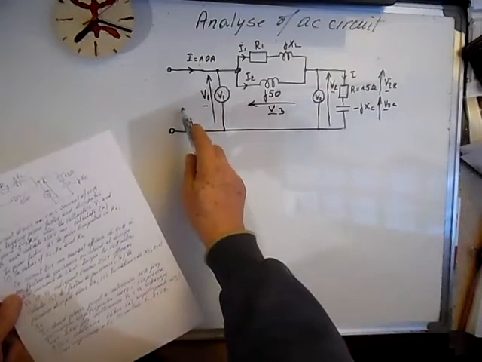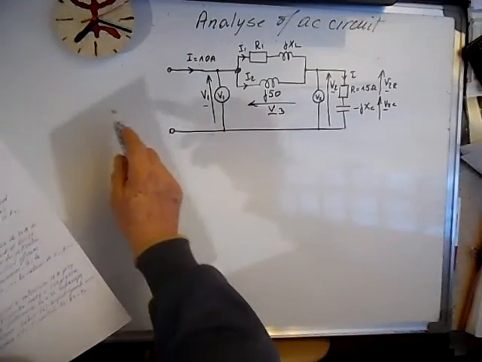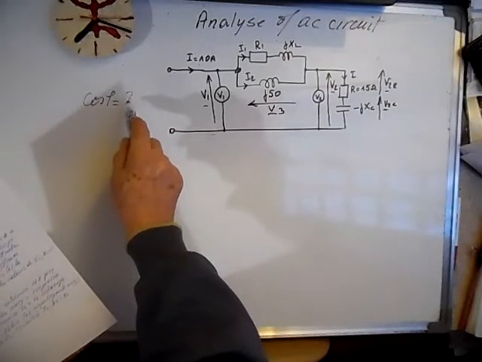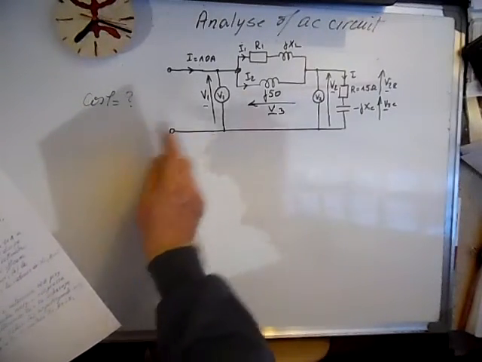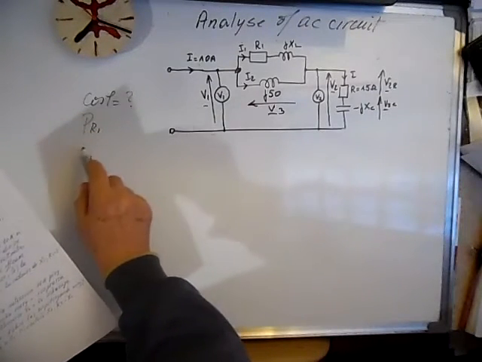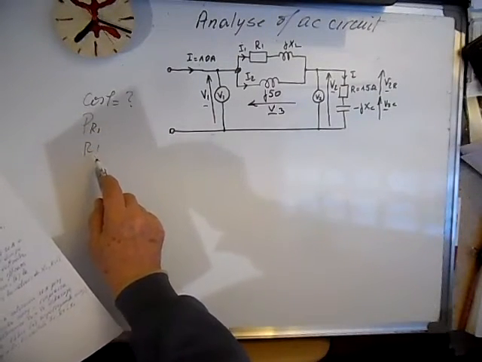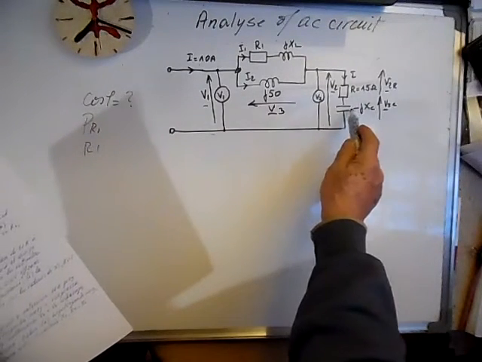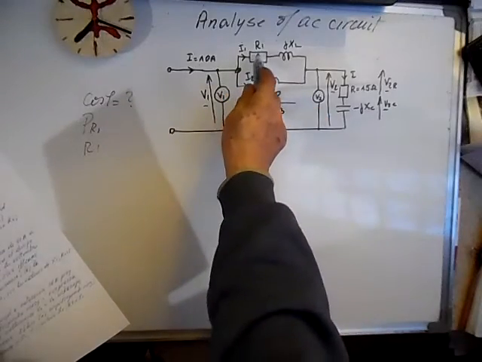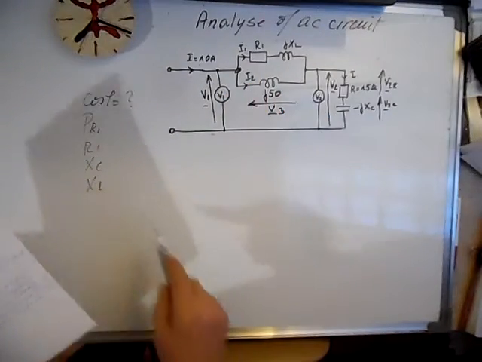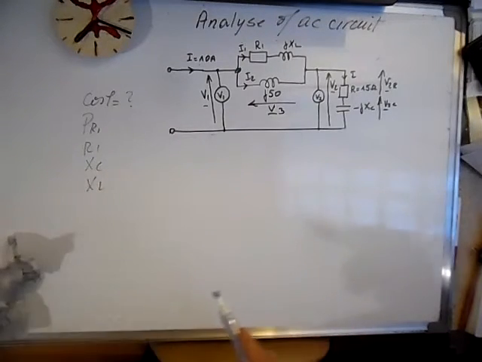Calculate the power factor, cosine phi, the power dissipated in R1, PR1, and the values of XC, R1 and XL.